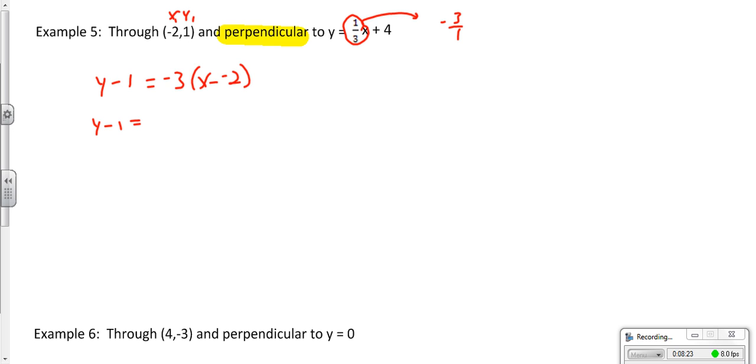So y minus 1 equals, if I distribute it, negative 3x. I forgot that step, sorry about that, plus, so minus negative is plus, so negative 3 times a positive 2 is negative 6. Add 1, and we get negative 3x minus 5.